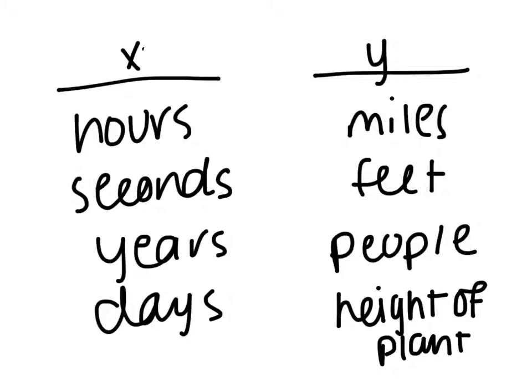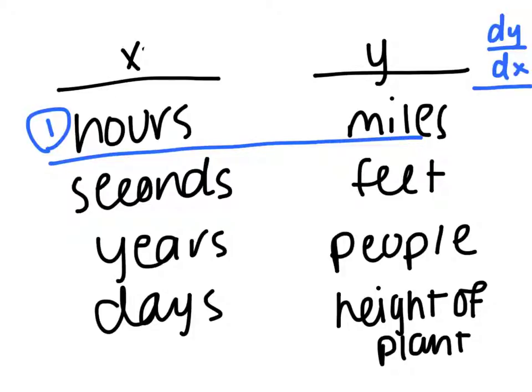And so when we have this, the function itself finds a rate, and that rate can be described as dy over dx, or change in y over change in x. So in the case of this first row, that would be miles per hour.